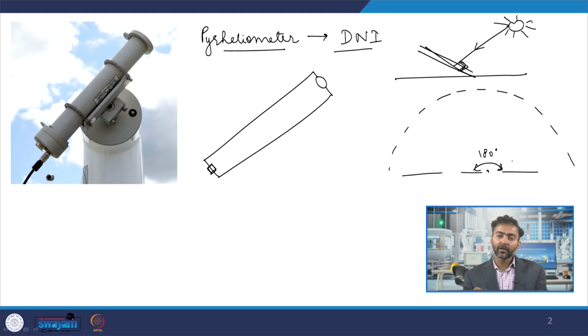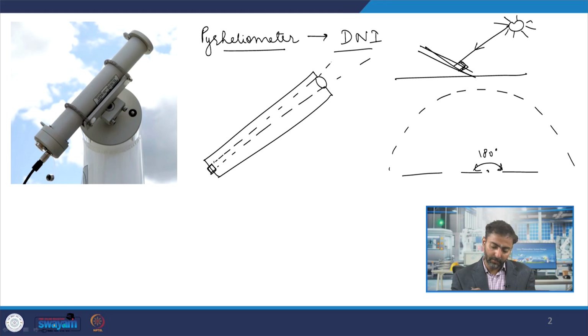So this particular device is designed in such a way that this has only hardly a 5-degree angle of view. So out of the entire 180-degree of the sky, only a 5-degree opening is here. So this field of view of this device is hardly 5 degrees. So that means that only the beam component of the radiation, the one which is coming directly from the sun, only that can enter.